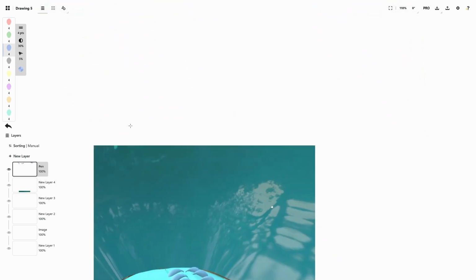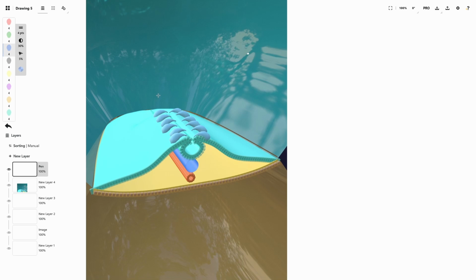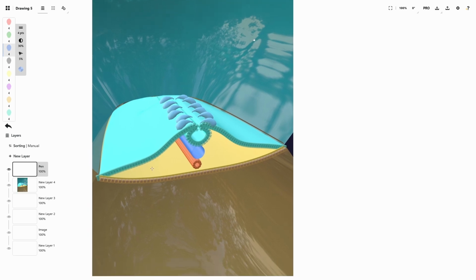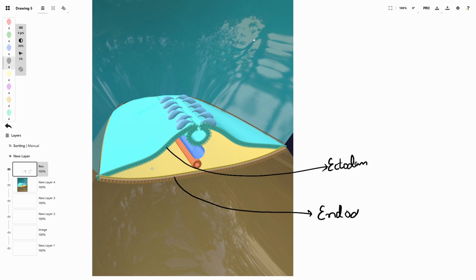So here is the trilaminar germ disc, and let's say neurulation is going on here. So let me label these things for you. So here we have the ectoderm. This is the ectoderm. Then we have this inner one, or to be precise, this one is the ventral one. This is the endoderm.